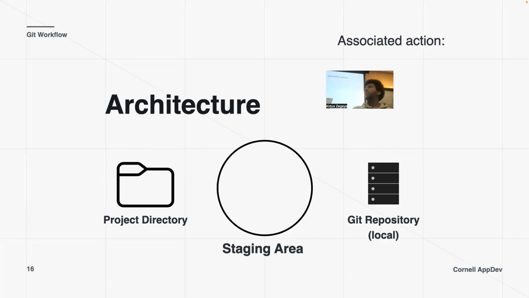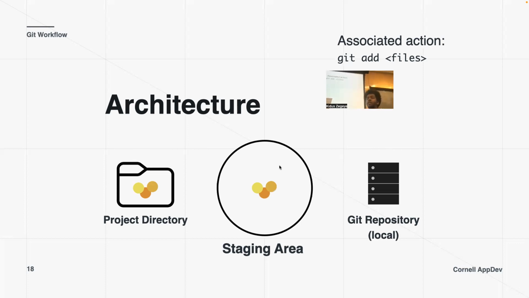Here's a graphic that shows this. So here's my normal folder. I make a change to one of my code files, like I add a new feature, and I want to save it onto my repository. So how do I do that? Up here, in the top right corner, you just type git add and then the name of the file, and it'll be put into a staging area.